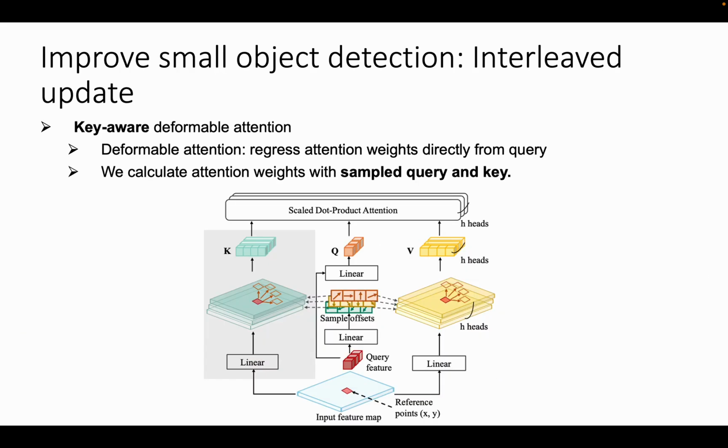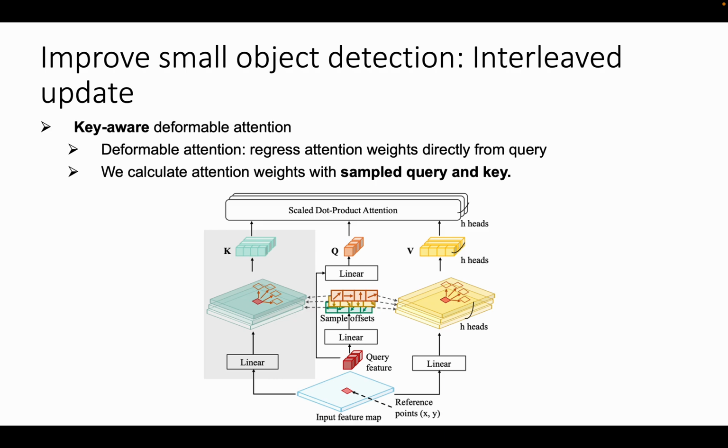After this design, we also propose a key-aware deformable attention to improve small-object performance. In deformable attention, the attention weights are regressed directly from the query with a linear layer, so the query does not interact with the key to produce its attention weight.